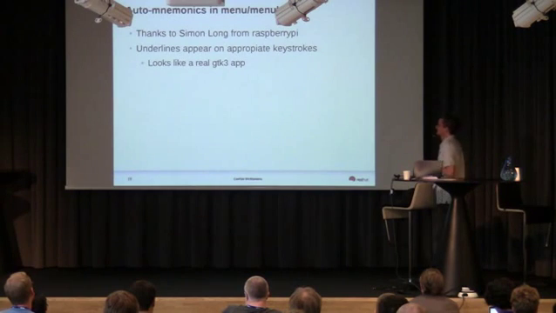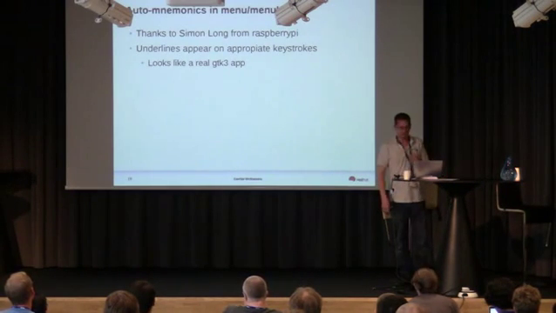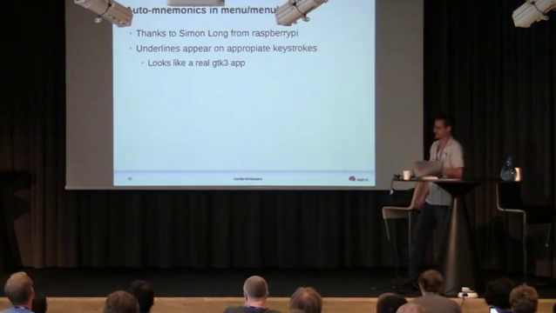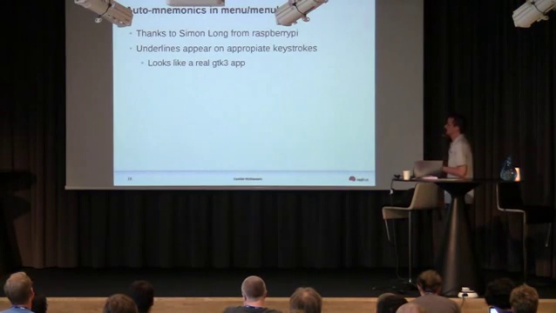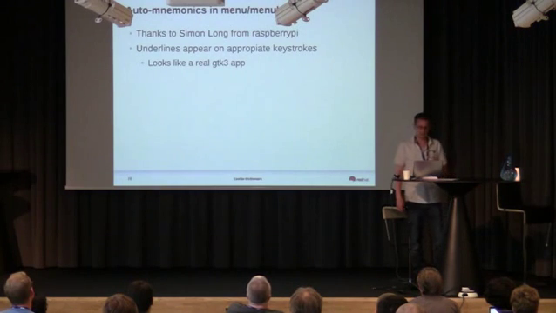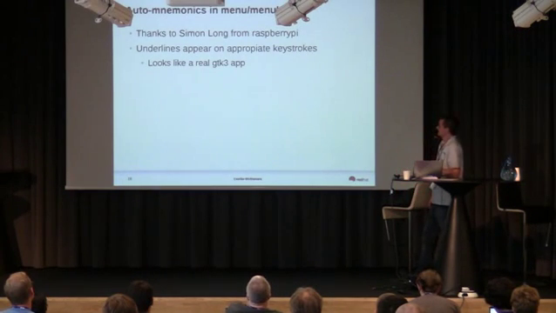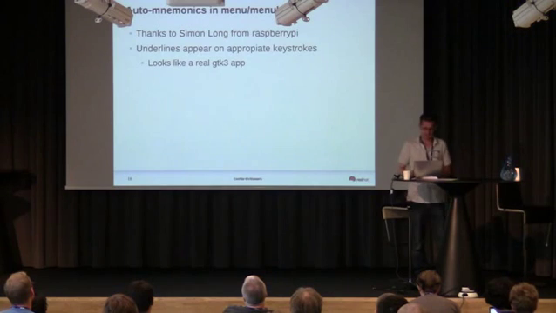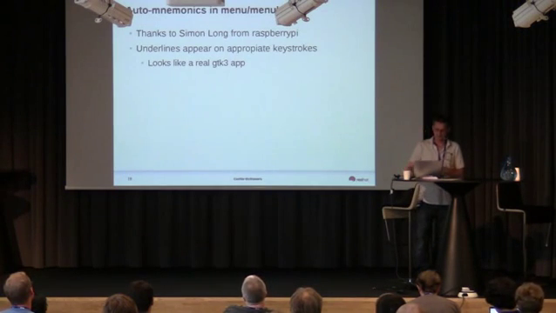We have auto mnemonics in menus and menu bars as well. That's not in 5.0, that will be in 5.1, where you hold down the Alt key and the underlines appear. That came in very recently from Raspberry Pi. So it makes it much more like a GTK3 application.